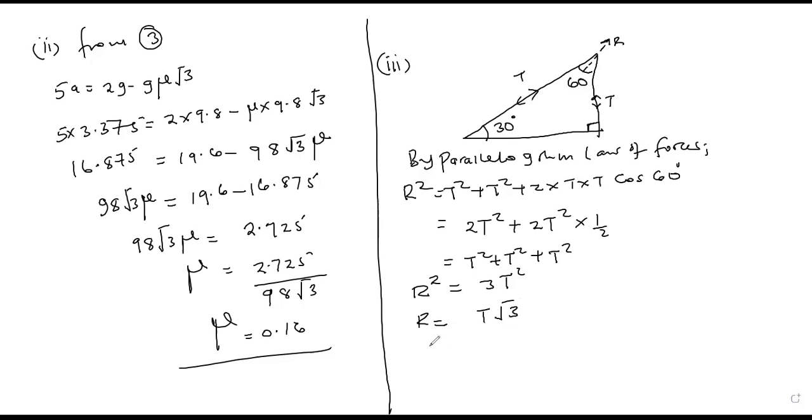I need to first get T. Equation 1 is saying that 3g minus T is equal to 3a. So by this, I can get the value of T. My T is going to be equal to 3g minus 3a, which is 3 times 9.8 minus 3 times the acceleration, which we got as 3.375.